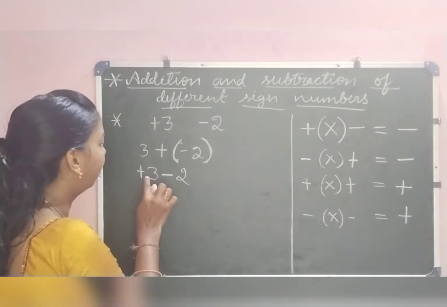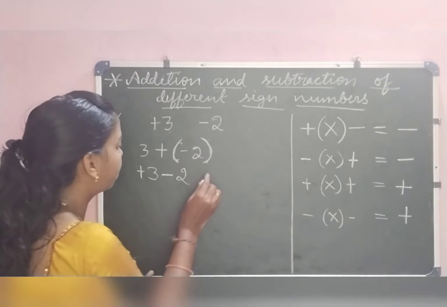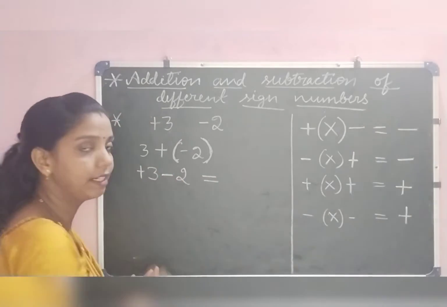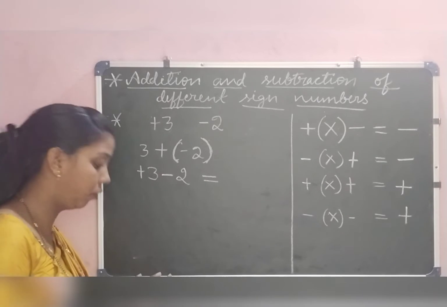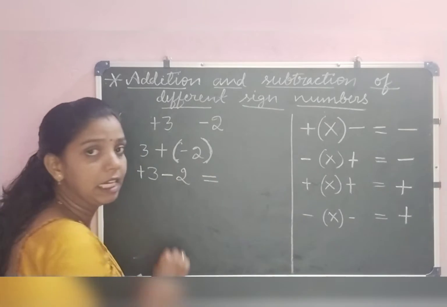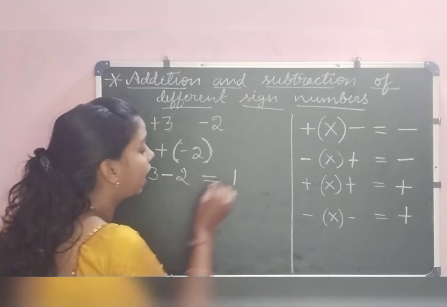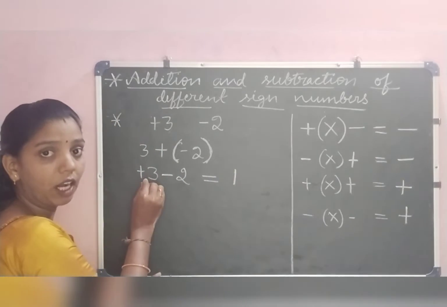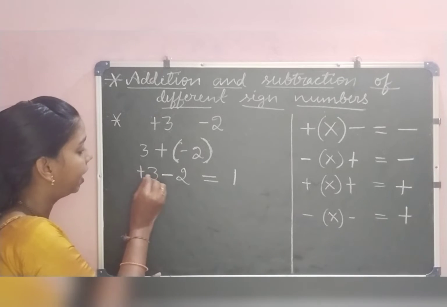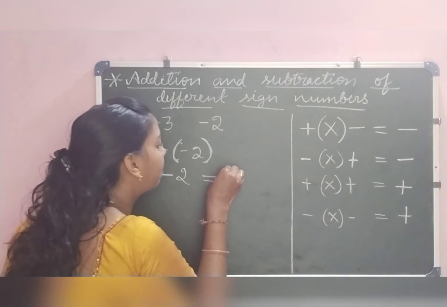Now we got these two, +3 and -2, both having different signs. That's why you have to subtract the numbers, 3 minus 2, that is 1, and you have to insert the sign of the larger number. The larger number is 3, its sign is plus, that's why +1.